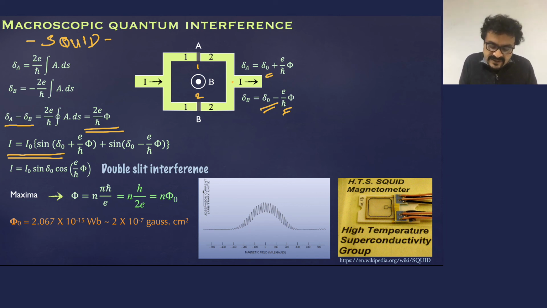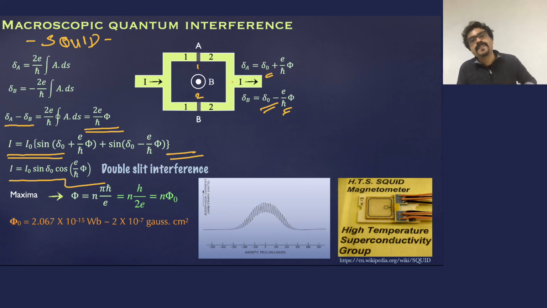You can simplify this, and you get a formula which looks like this: I0 sine delta 0 cos e by h bar into phi. This formula is very similar to Young's double slit interference formula, where you have a fast oscillating term, e by h bar, which is a very small term, and a slowly varying term, delta 0.